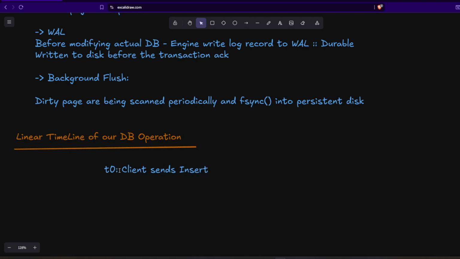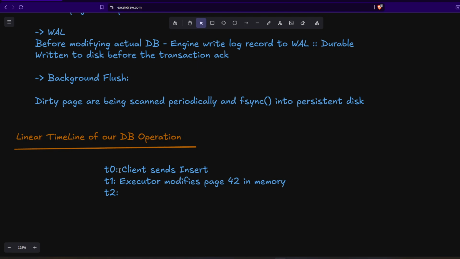So the client sends the insert at this time. Then at t1, our executor modifies page 42, considering that the data is already in our buffer pool. Suppose I'm just making up a number, page 42 in memory.